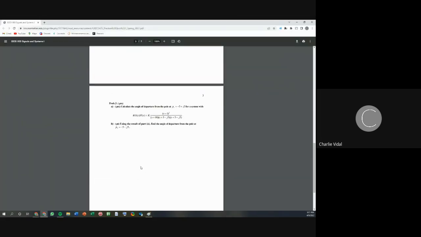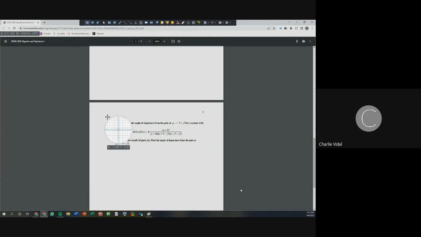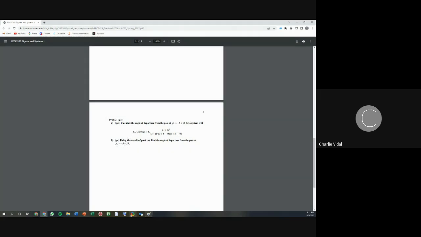I'm actually debating on whether or not we should do problem number 2 or problem number 3. Problem number 3 is the easiest because you're just calculating the angle of departure of this one, which is just the inverse of this one. So let's start with problem number 3 because it's easier.